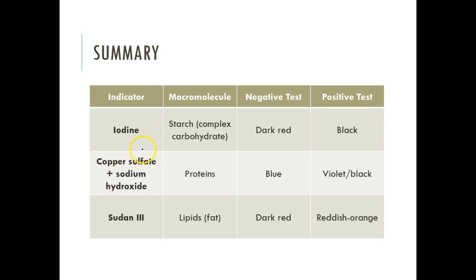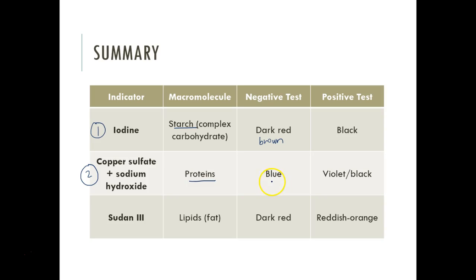So here's a summary of the three chemical indicators. We have iodine, which tests for starch. Usually it's a dark red or brown color, but if it's in the presence of starch, it turns black. The next indicator we talked about was copper sulfate and sodium hydroxide together. It tests for proteins.